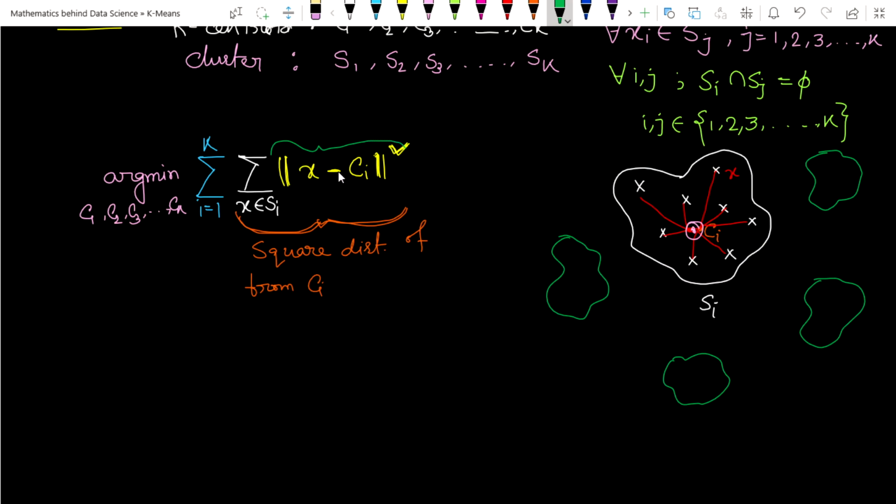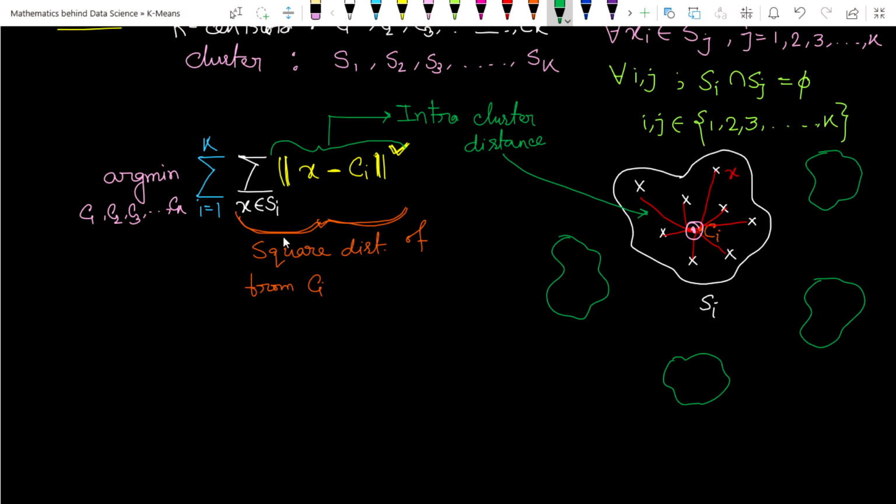This part is the intercluster, and this part is the intracluster. Just don't be confused. I'm talking about this kind of distance; these are the intracluster distance.